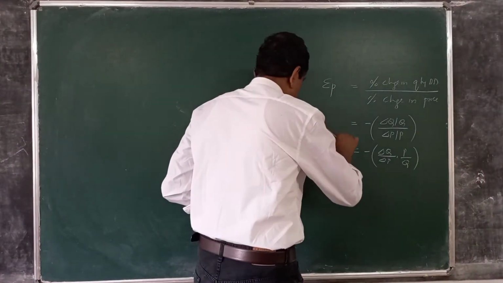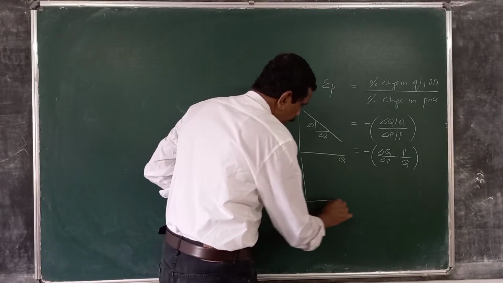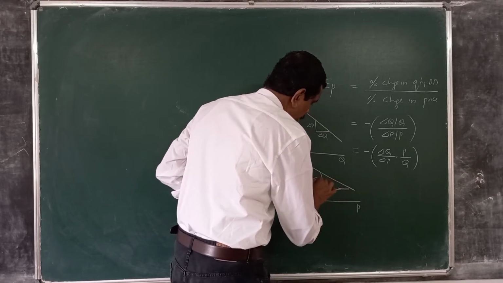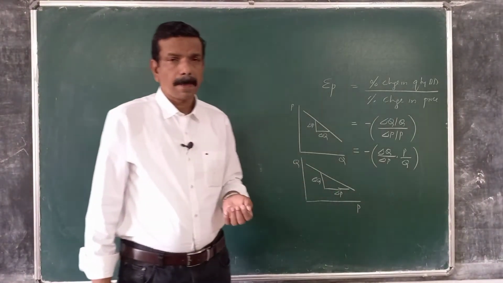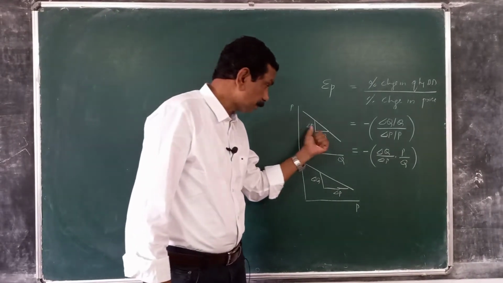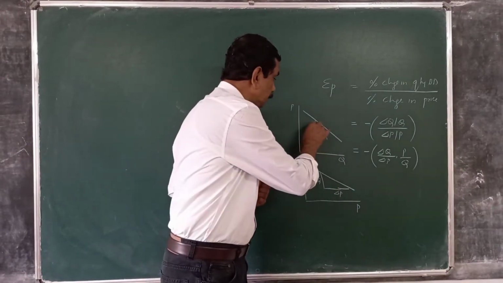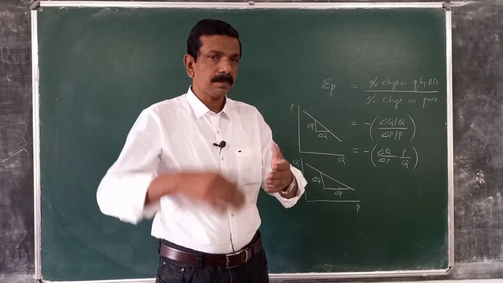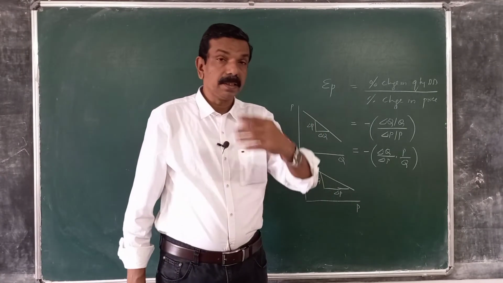The slope of this curve is delta P by delta Q, or if you take quantity on the vertical axis and price on the horizontal axis, then it is delta Q by delta P. We will not take the slope of the demand curve as a measure of responsiveness, whether it is delta P by delta Q or delta Q by delta P. If you take it as delta P by delta Q, when you calculate elasticity, it is 1 by delta P by delta Q. That is a point which we will discuss.